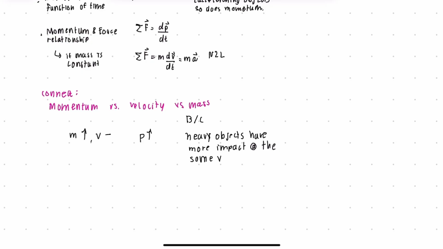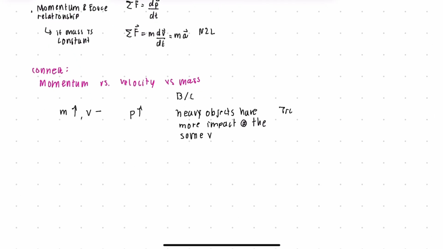For example, that's why trucks cause more damage than cars. Now, let's say that we increase v and hold m constant.